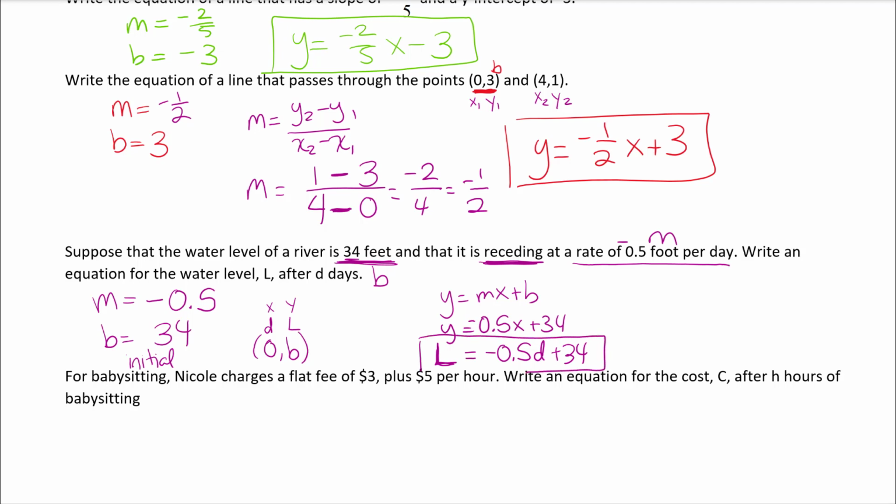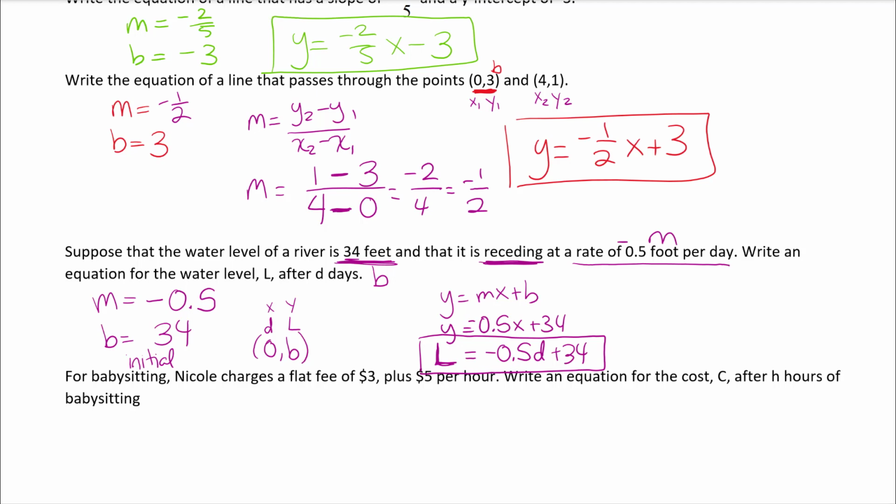That's where it started. So the water started at 34 feet and it goes down at half a foot every day. So for us living here in Houston with some flooding issues, this is kind of an important type of equation for us, as we know where the water level is and how much it is receding every single day as the floodwaters are going down.